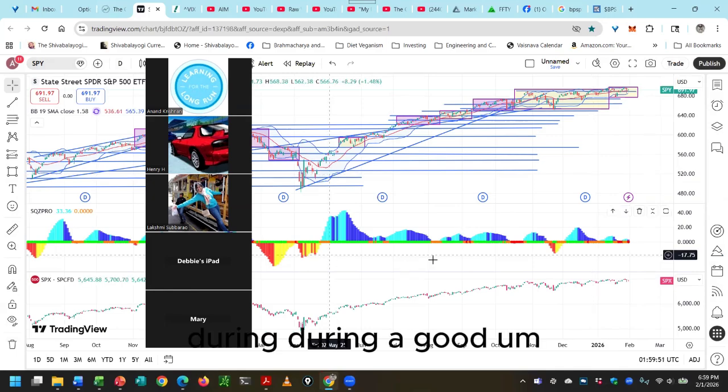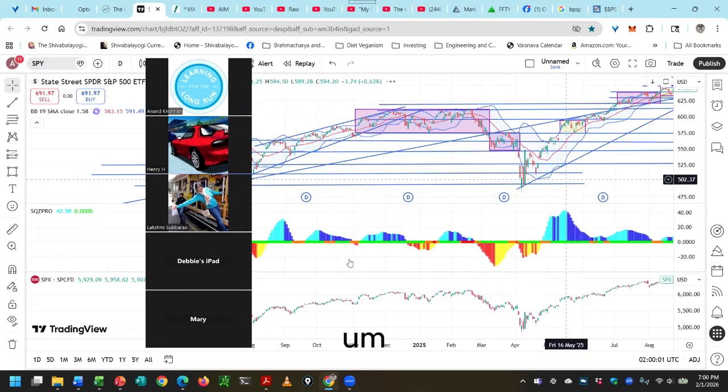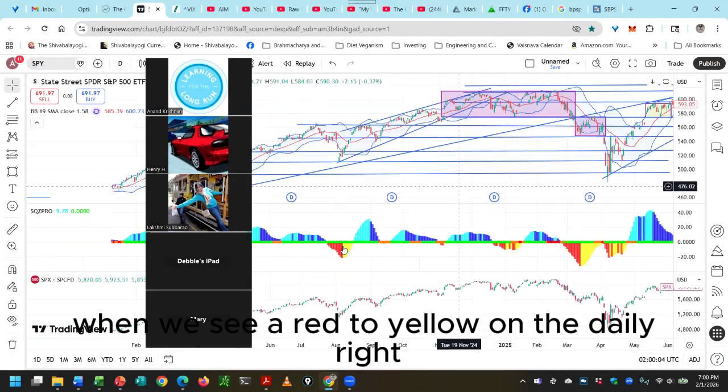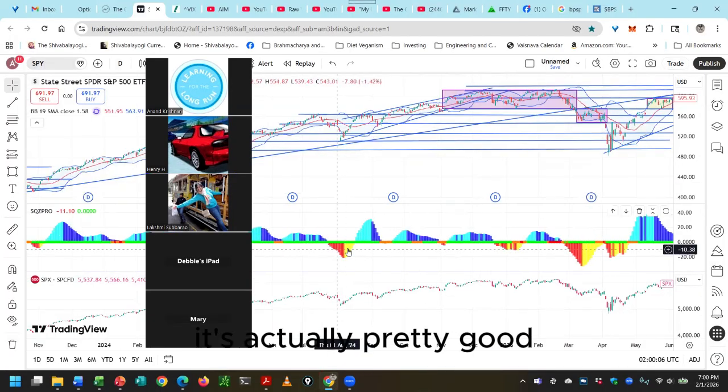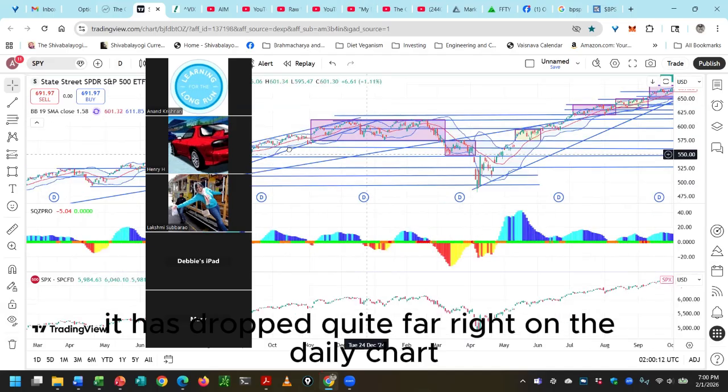During a good Federal Reserve situation, for the most part, when we see a red to yellow on the daily, it's actually pretty good, especially if it has dropped quite far on the daily chart.